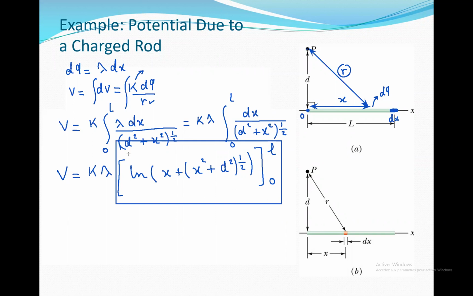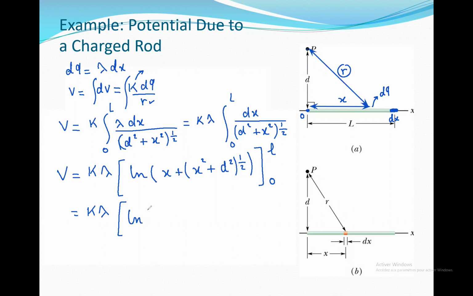So we can write here equals k lambda. We put first of all L in the place of x. We get ln of L plus (L square plus d square) to the power half, minus, we put 0, minus ln.